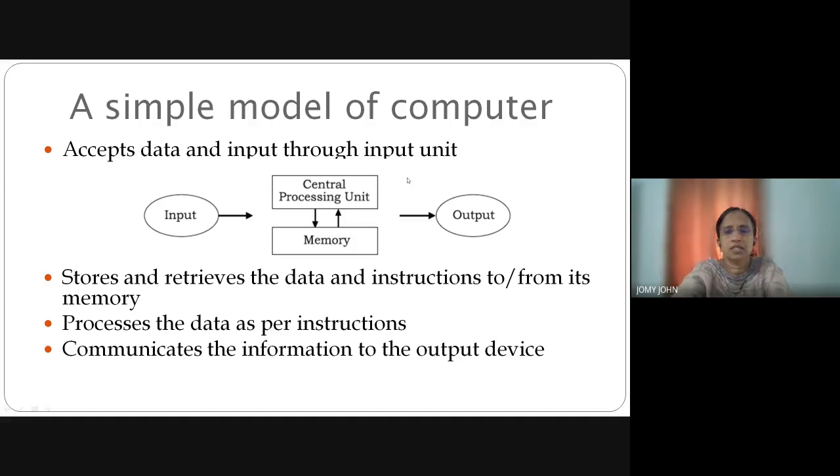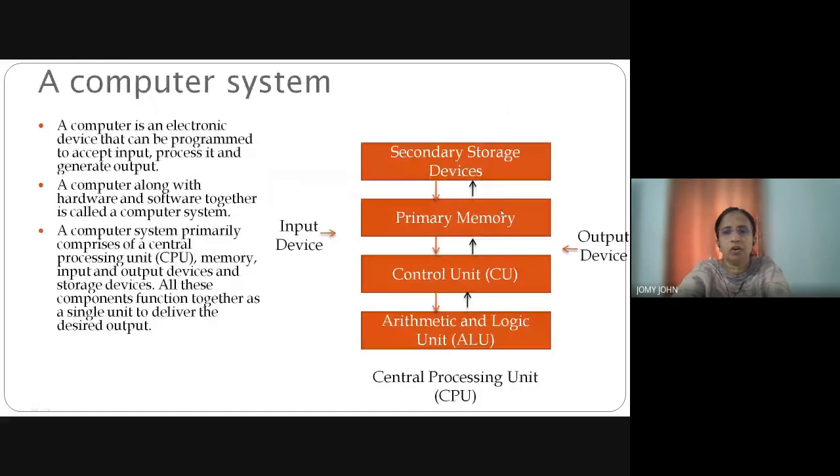You can see this diagram. Here, a few more components are visible: secondary storage device, primary memory, control unit, arithmetic and logic unit, central processing unit, input unit, and output unit. Formally, we can define a computer as an electronic device that can be programmed to accept input, process it, and generate output.